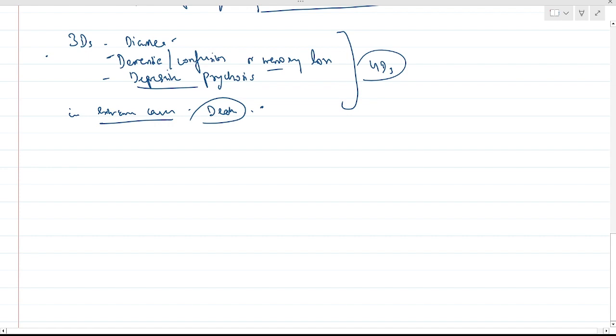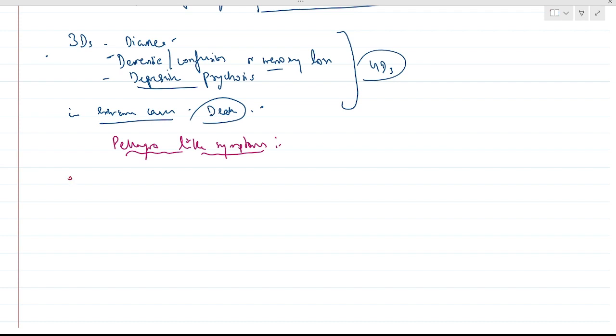We are going to see an important feature, that is pellagra-like symptoms. These symptoms are like pellagra, but they are different.